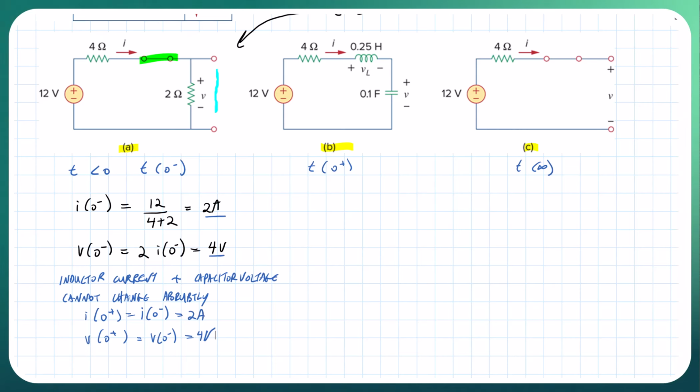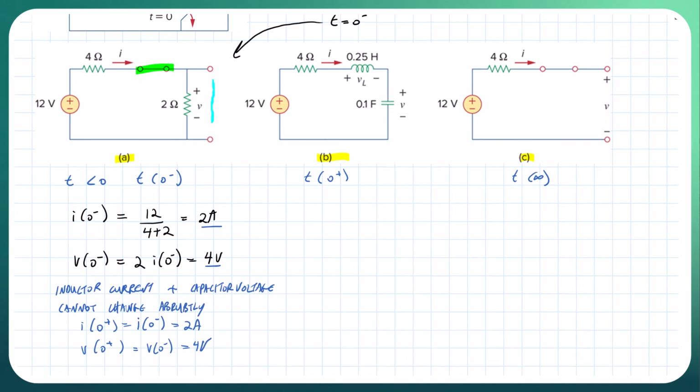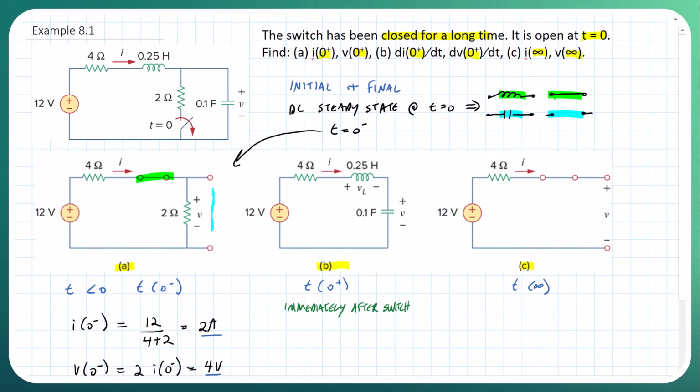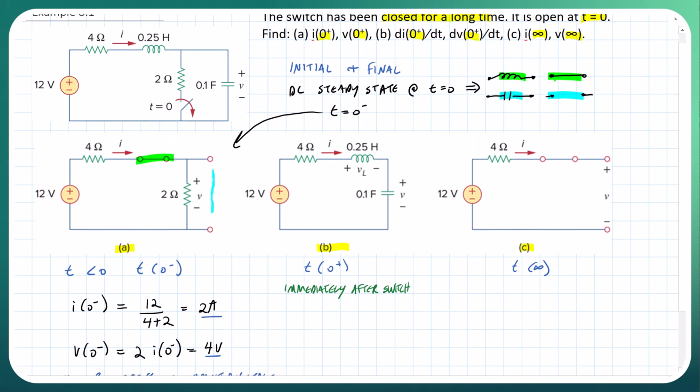And now let's look at the circuit at t equals 0 plus. At t equals 0 plus, that's immediately after the switch. And in this case, remember the problem is the switch has been closed for a long time, so now the switch is opened.